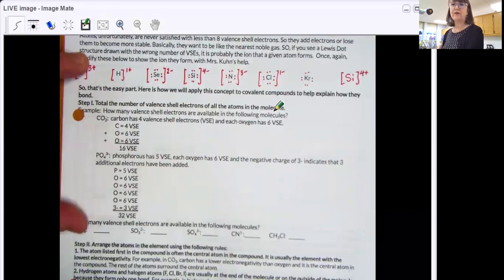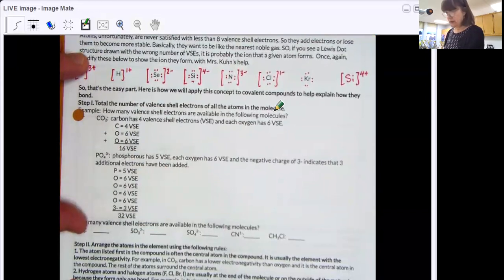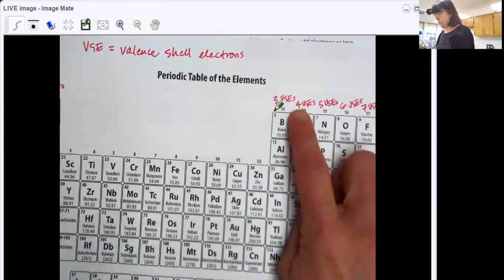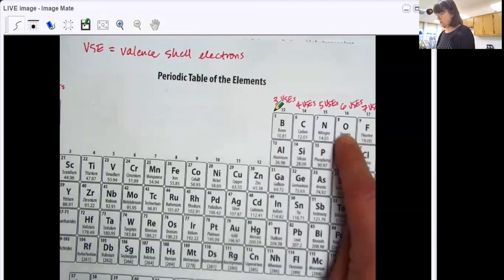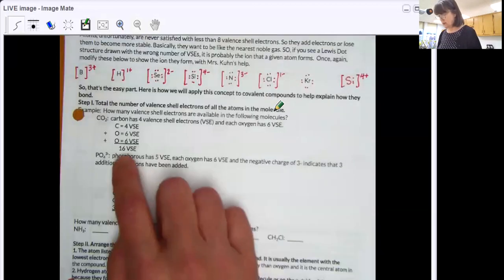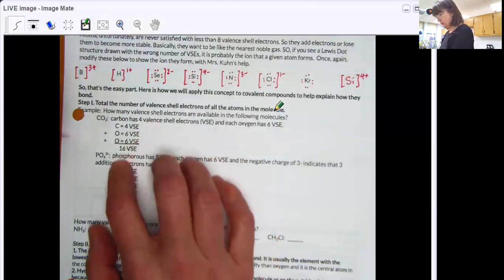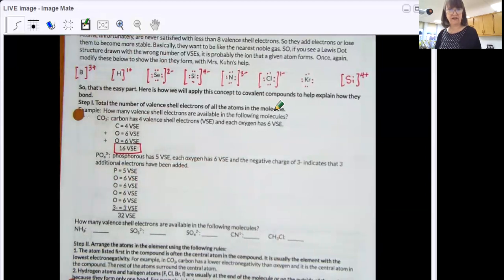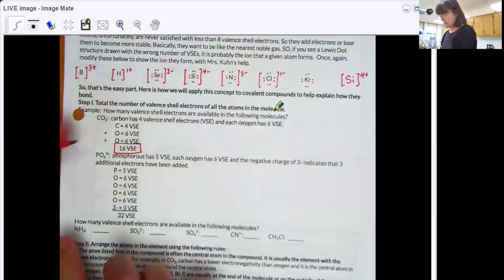So what we're going to do is add up the total number of valence shell electrons available. Because carbon is in this column, it's going to have 4. I've got 2 oxygens. They each have 6. So you can see where I got those numbers. So that we say that carbon dioxide has a total of 16 valence shell electrons.